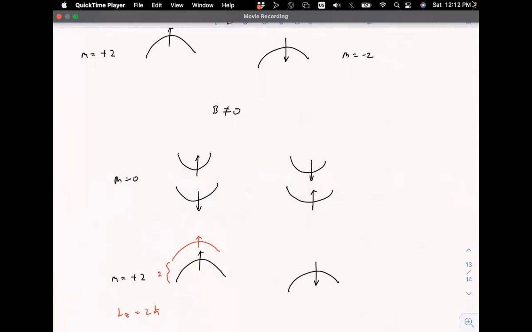So you move by 1 more unit due to the spin. So the g factor equal to 2, you will shift by 1 unit. So you shift up by 2 in total.